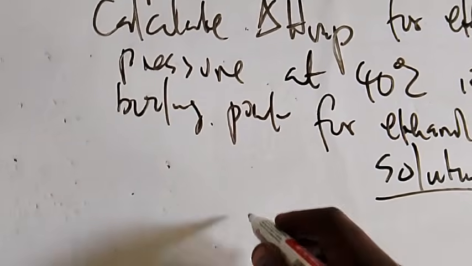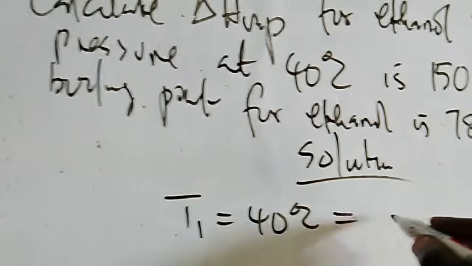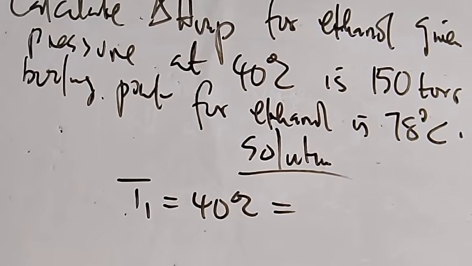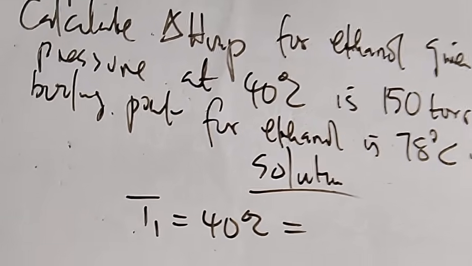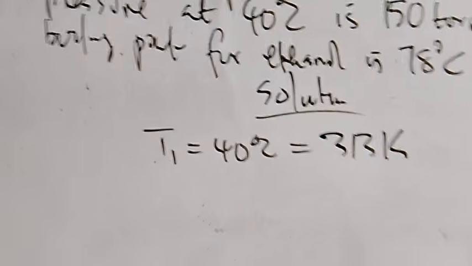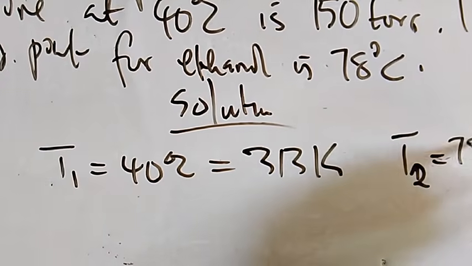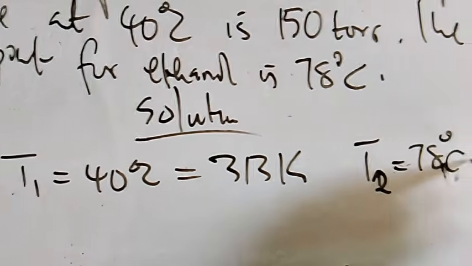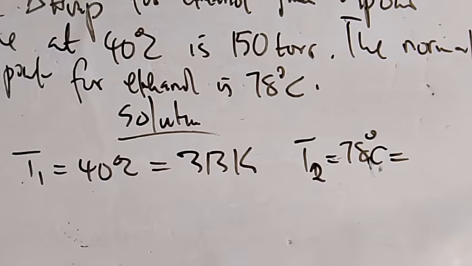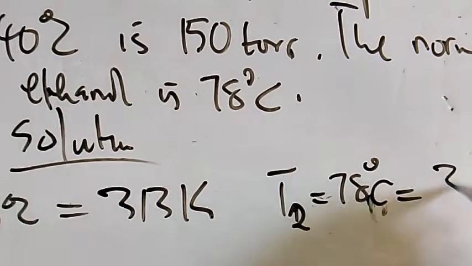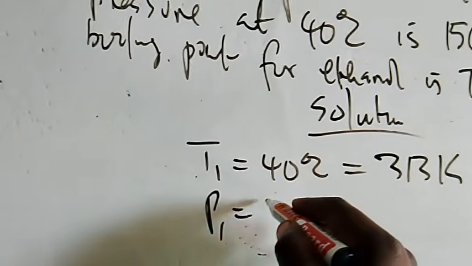We know that T1 is equal to 40 degrees Celsius, so we need to convert 40 to Kelvin, which gives us 313 K. Then T2 is 78 degrees Celsius, and when we convert, we add 273, so we have 351 K. P1 is equal to 150 torr.